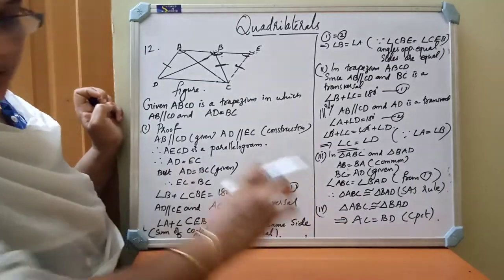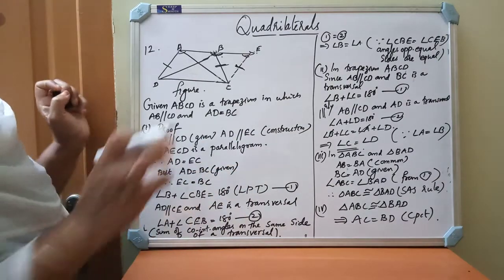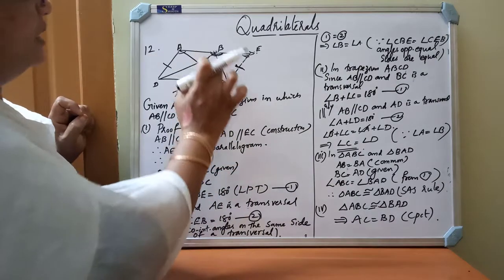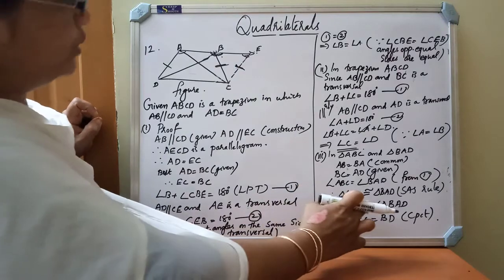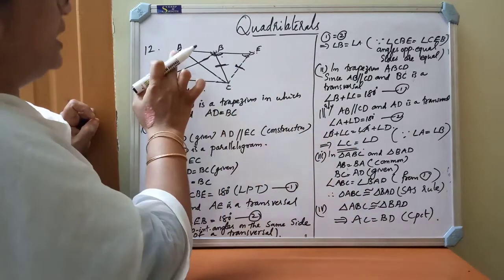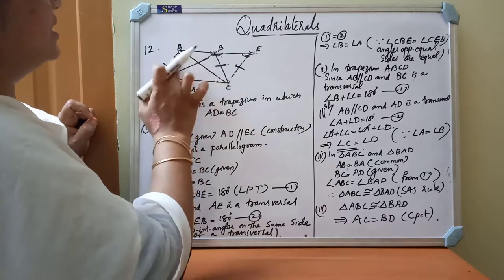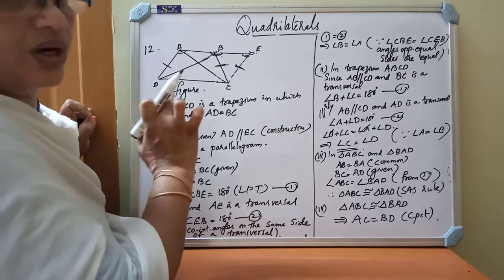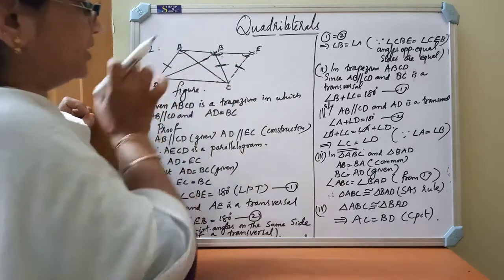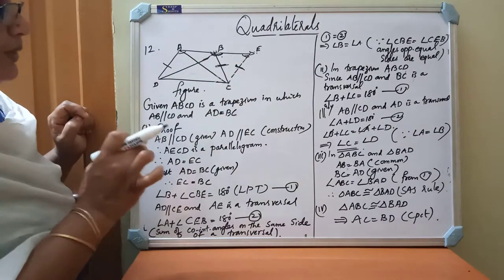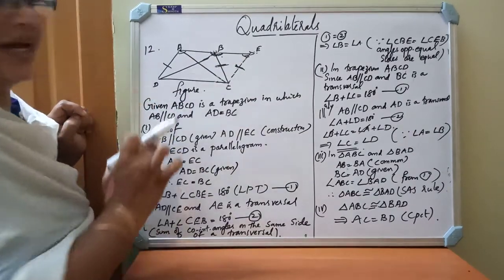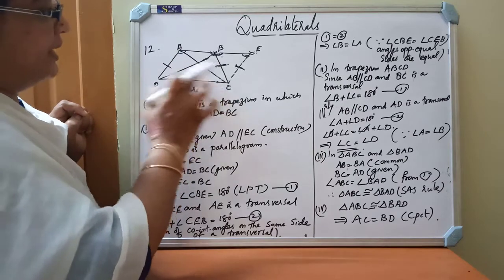Look at the third one. What is the third one? Triangle ABC is congruent to triangle BAD. They ask you to prove these two triangles are congruent. For proving this congruency, we have to join the diagonals AC and BD.